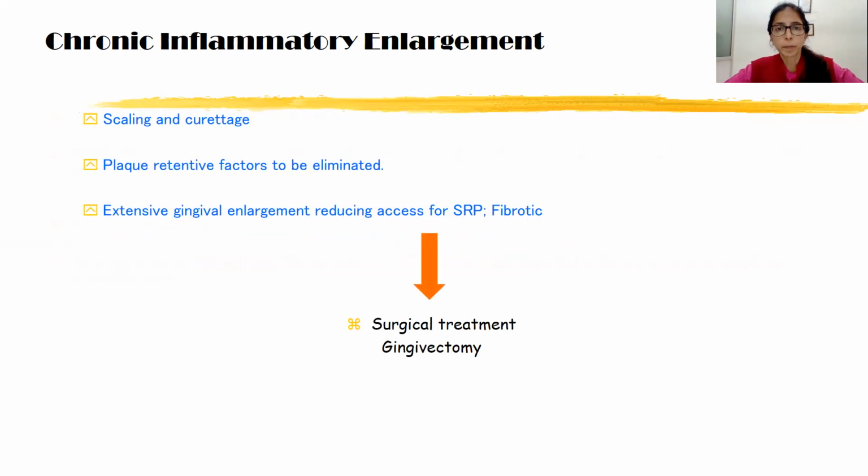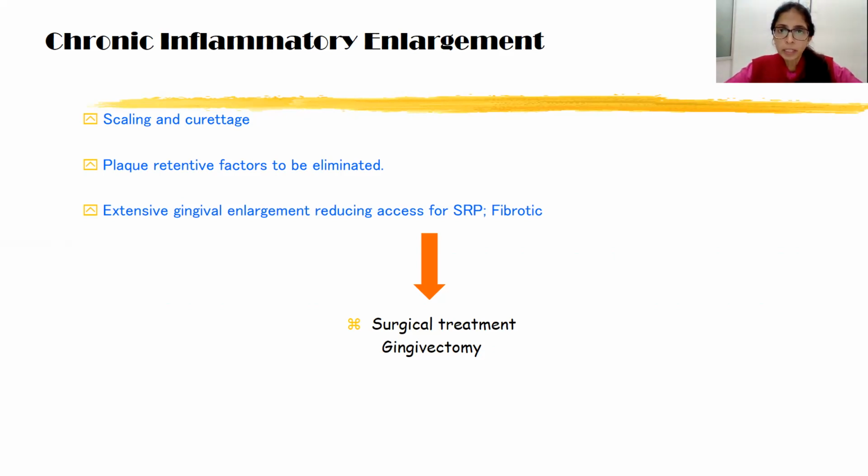Coming to the treatment aspect. Definitely, when it is a chronic inflammatory enlargement, the treatment that can be rendered is scaling and curettage. That goes without saying. For every enlargement case, when the patient walks in with increased size of the gingiva, the first thing that you have to do is a thorough scaling and root planing.